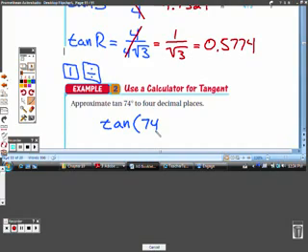You don't have to close the parenthesis right now, but later on, when we multiply this times something, you're going to have to close the parenthesis behind 74, or you're going to be in trouble. So type in the tangent of 74, round it to how many places? 4. There you go, that was it.